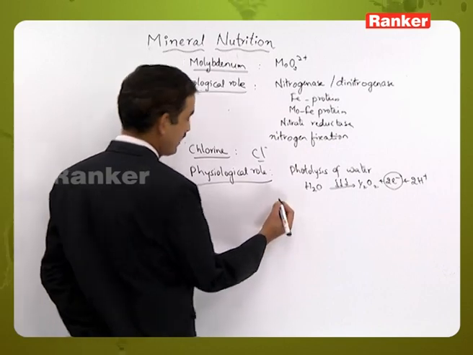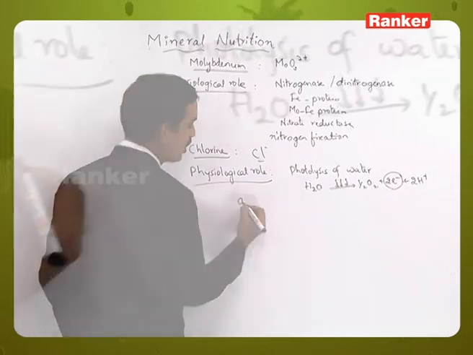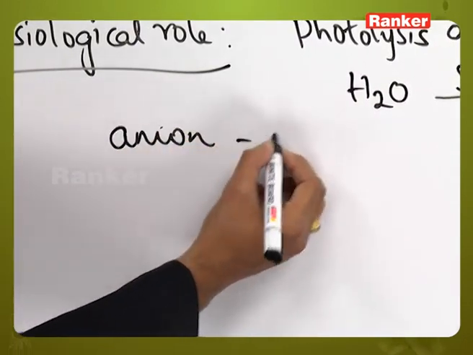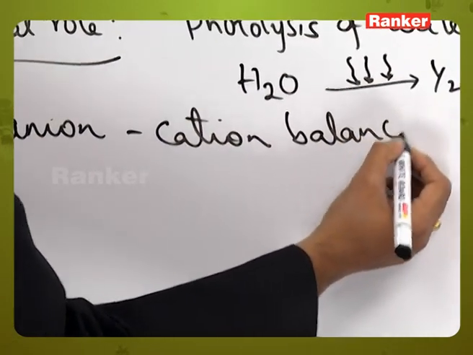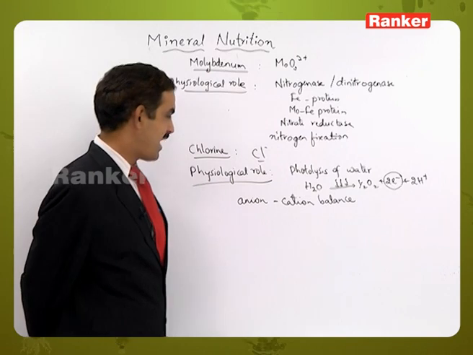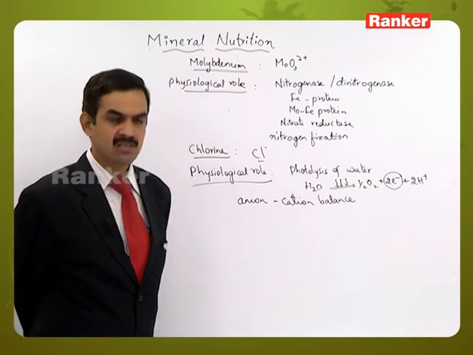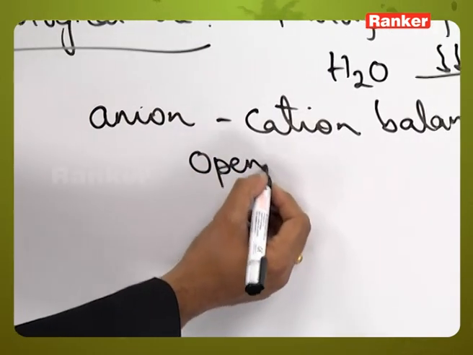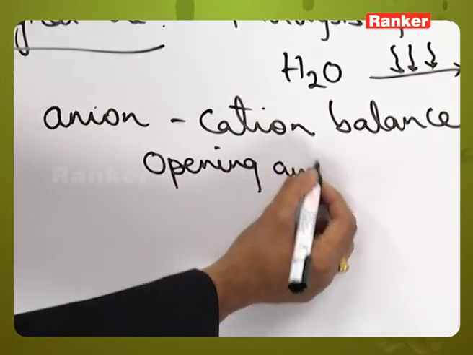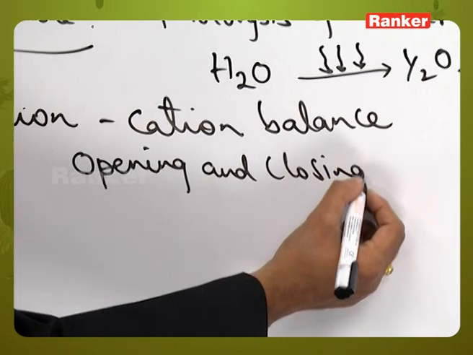Apart from this, it is also useful for anion cation balance, that is for maintaining the balance of anions and cations, and it is also useful in the opening and closing of stomata.